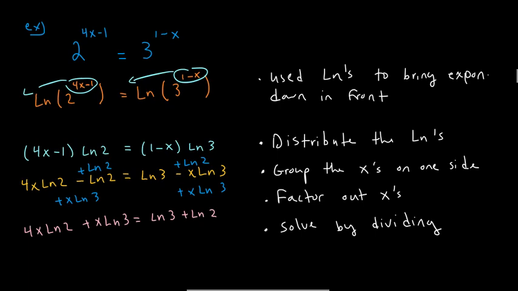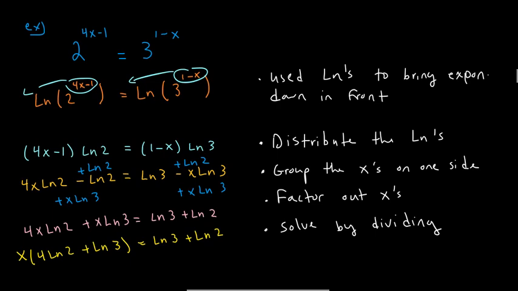You dig? And now I want to factor the x's out. That's the whole point of me doing this. When I factor the x's out on the left side, I can pull the common x in front and be left with 4 natural log of 2 plus the natural log of 3. And that is still equivalent to the natural log of 3 plus the natural log of 2.